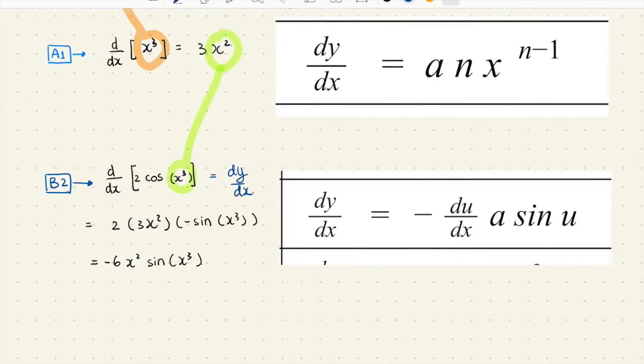Then we apply the formula. In this case, a is 2, u equals x cubed, du/dx is 3x squared.